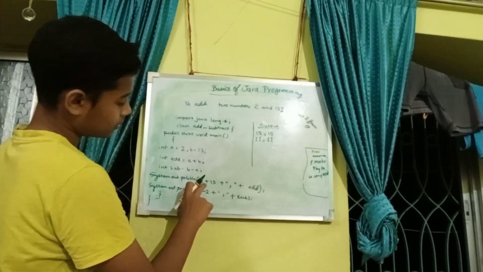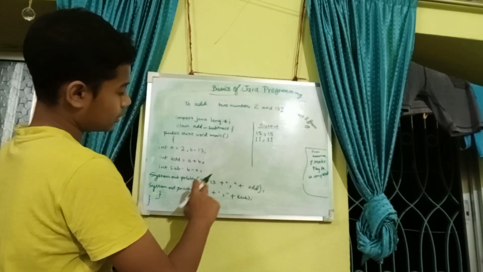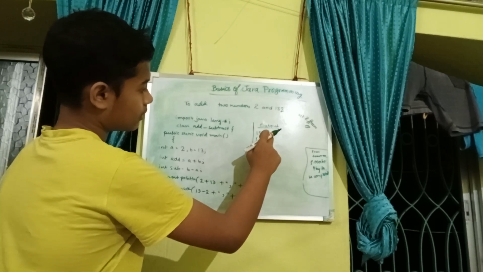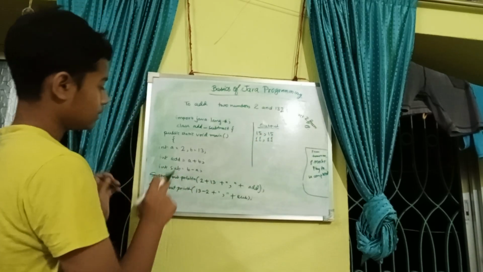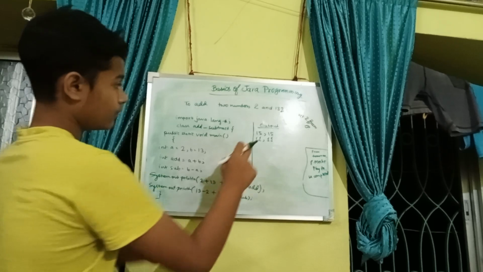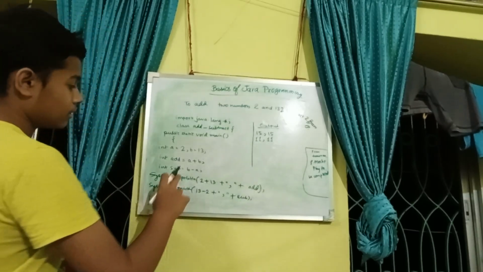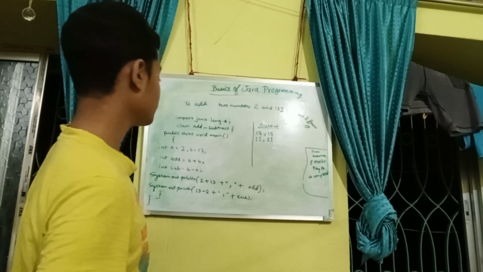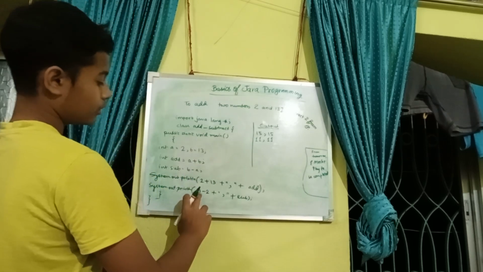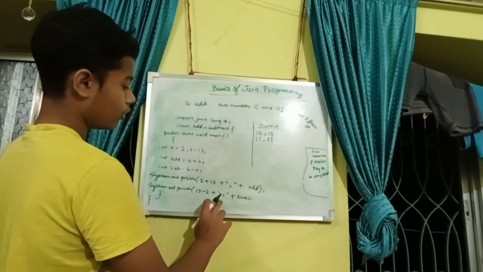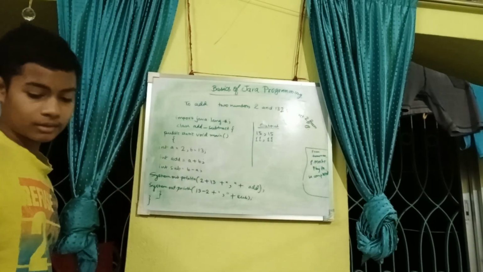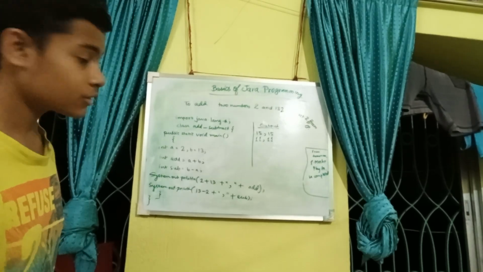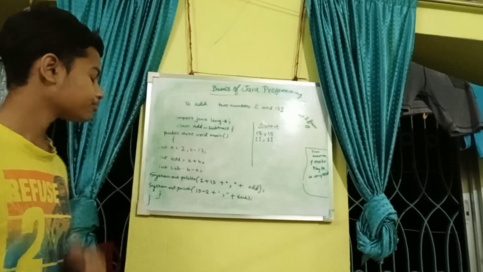See, 2 plus 13 is 15, then comma, then add is 2 plus 13, which is also 15. And subtract, b is 13, minus 2 is 11, already put here, then comma again. This is the thing. Understood? It's quite easy.